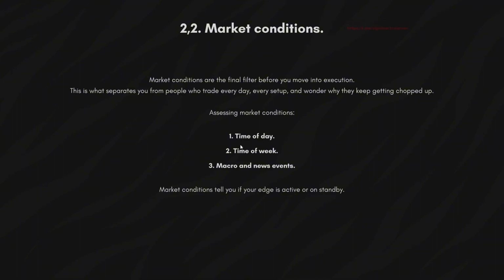The second thing is the time of the week. This is about looking at the weekly structure and figuring out whether we've already had our weekly range expansion or whether we can still ride it. Are we still inside a dealing range, or are we still looking for the high or the low of the week? This helps you avoid forcing trades when the market isn't ready.